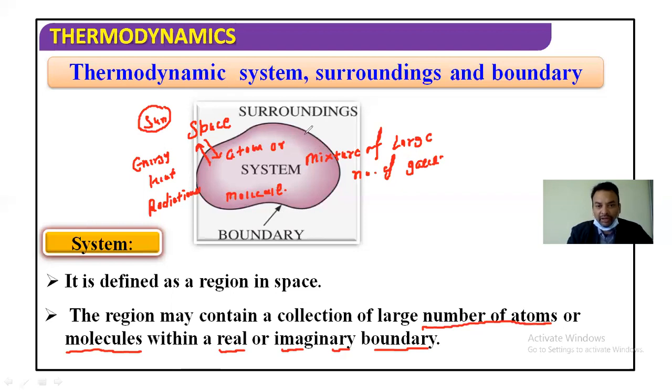So we are taking one example, the Earth atmosphere. The Earth atmosphere behaves like a system of a large number of gas molecules having finite boundaries, and beyond that boundary there is a huge space.